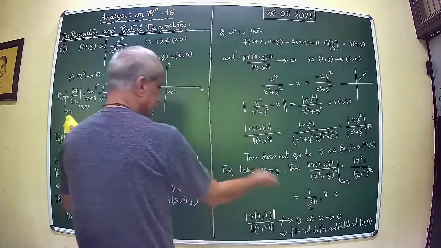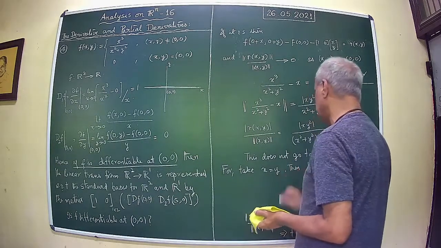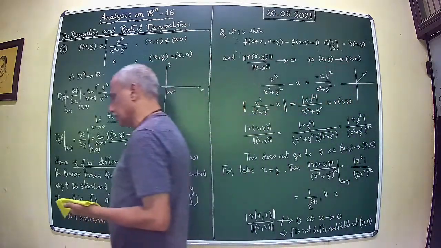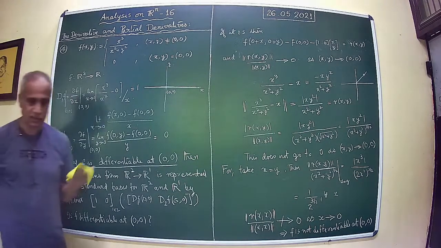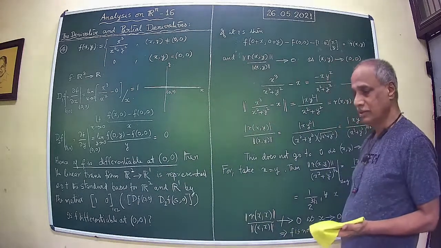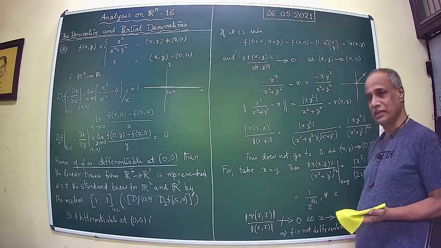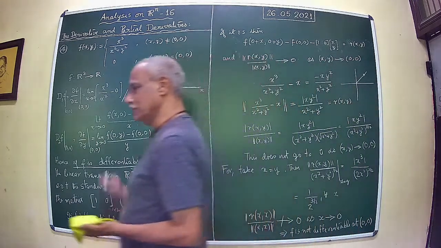So that tells us that the function at (0, 0) has both partial derivatives existing, but the function is not differentiable at (0, 0). The converse we have proved, that if it is differentiable at (0, 0), then the partial derivatives do exist.